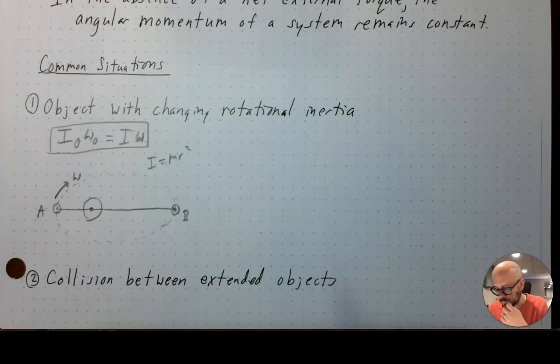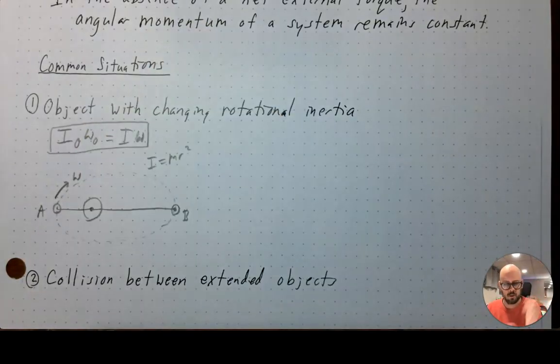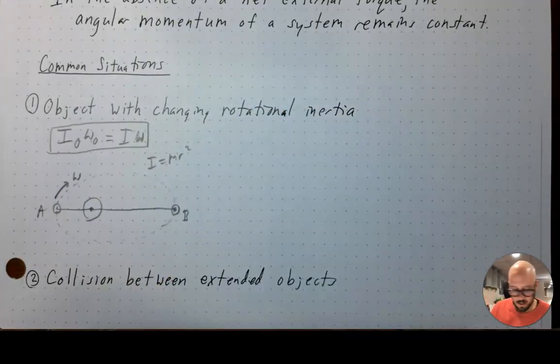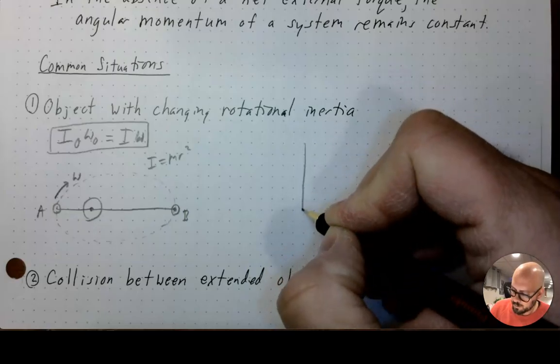The object is using an internal torque to change its orientation, or gravity is performing a torque on it, but that's an internal force.